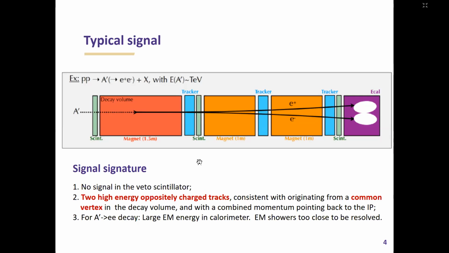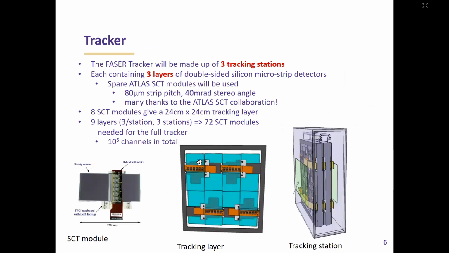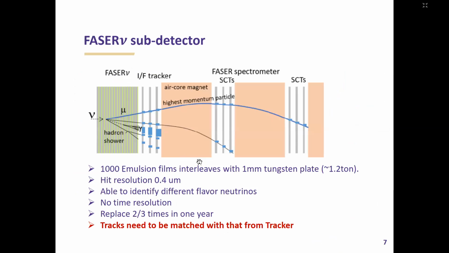For the matching of tracks to FASER new, the tracks won't be parallel like this. So in that case, we have a more favorable vertexing scenario. I mean, these are dipole magnets, aren't they? What's the field? It's 0.6 Tesla.